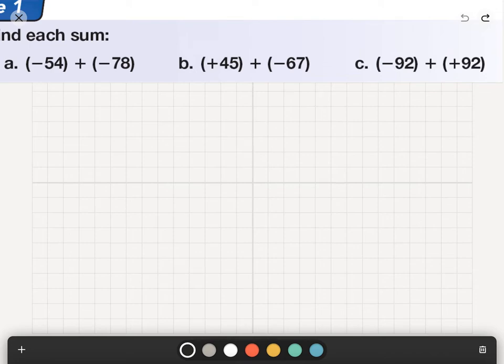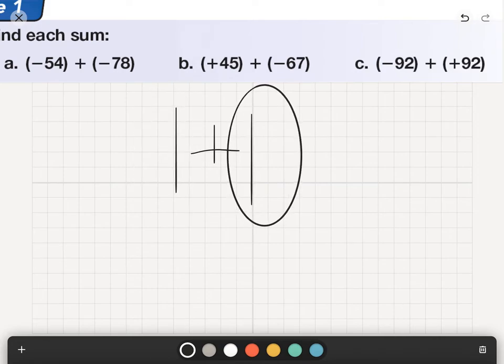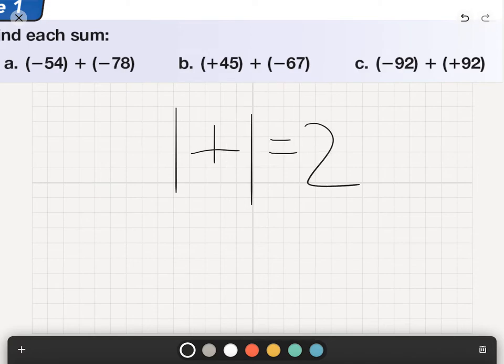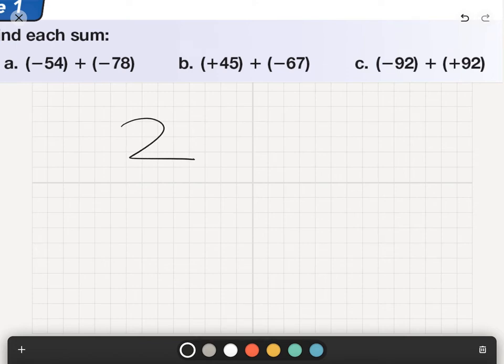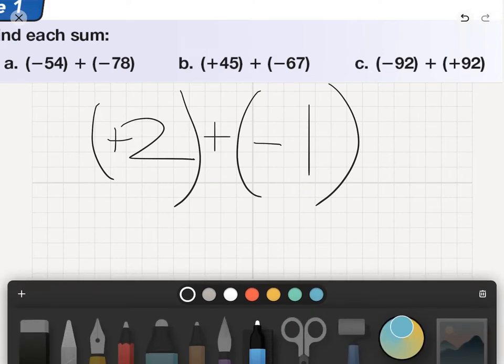What you did in kindergarten was 1 plus 1, combining the value of 1 with the value of 1 to get 2. However, what happens if we're combining the value of positive 2 plus negative 1? That's what today's lesson is about.